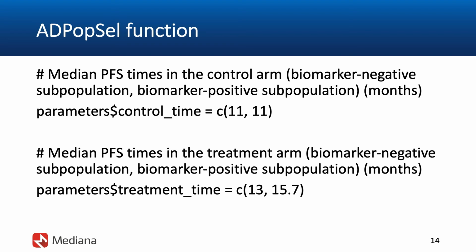It is common to run those quick calculations assuming that the time to event follows an exponential distribution, and under this fairly reasonable assumption, the hazard ratio in the subset of biomarker negative patients is 11 over 13. It would be almost 0.85, which I guess would represent a borderline clinically meaningful result.